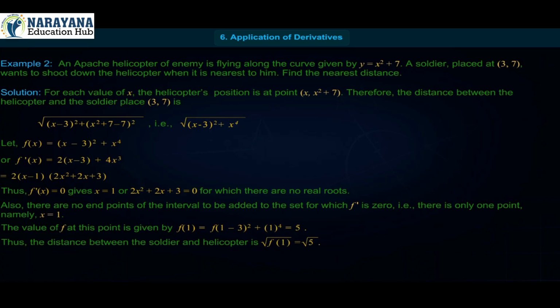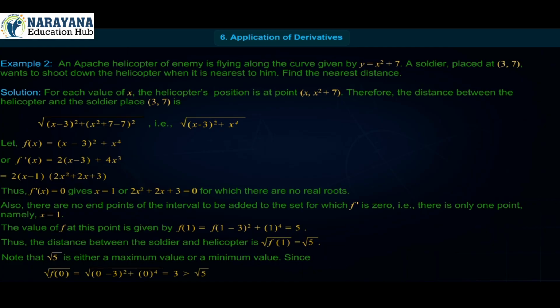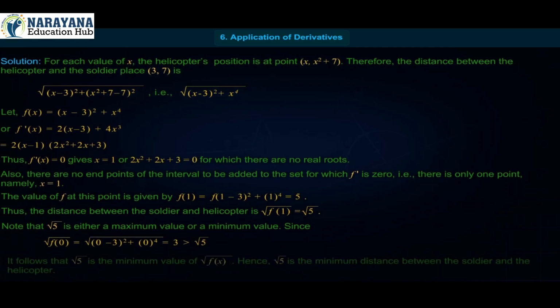Thus, the distance between the soldier and helicopter is square root of f of 1 is equal to square root of 5. Note that square root of 5 is either a maximum value or a minimum value, since square root of f of 0 is equal to square root of 0 minus 3 whole square plus 0 raised to 4 is equal to 3, which is greater than square root of 5.